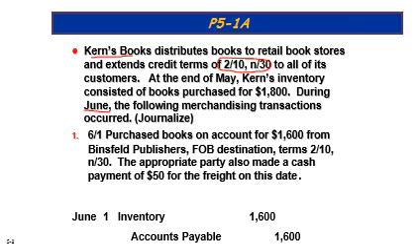Kearns Books also purchases books. So our first transaction, we have a purchase of books, so we are the buyer. When we purchase these, we have FOB destination, and the terms we're purchasing under are 2/10 net 30.